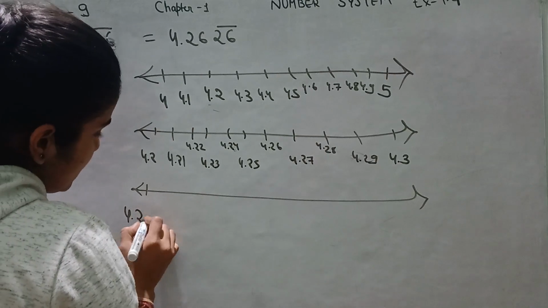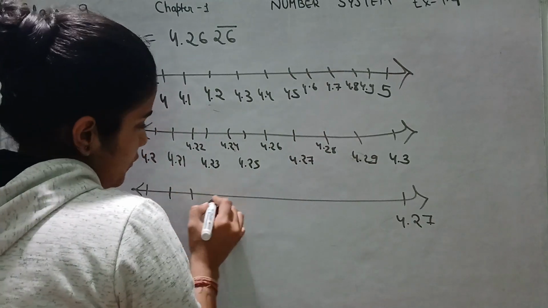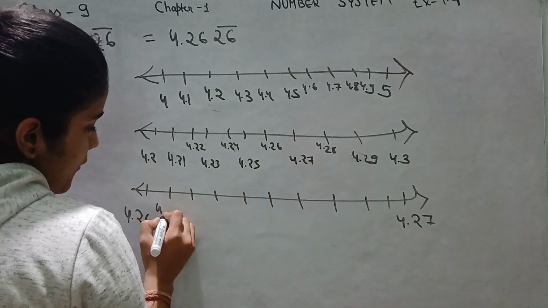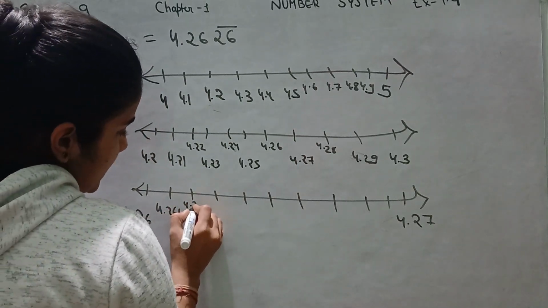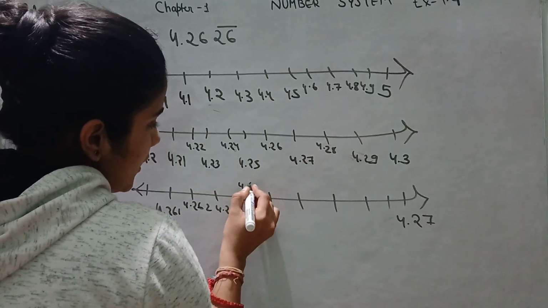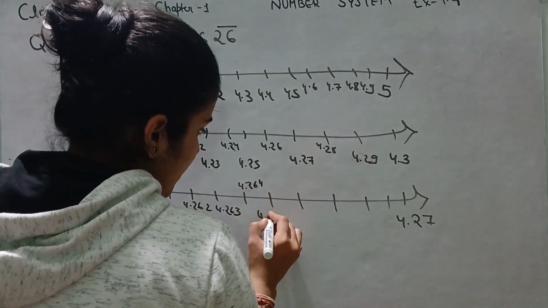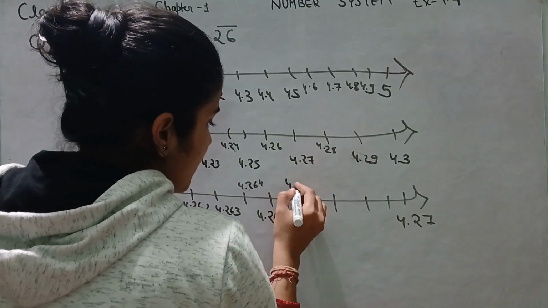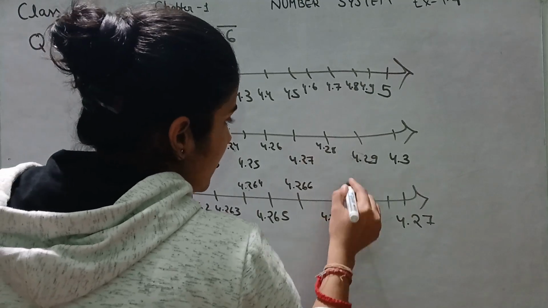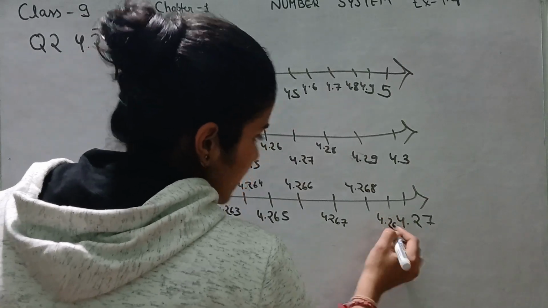This is 4.26. This is 4.27. 1, 2, 3, 4, 5, 6, 7, 8, 9. 4.261, 4.262, 4.263, 4.264, 4.265, 4.266, 4.267, 4.268, 4.269.